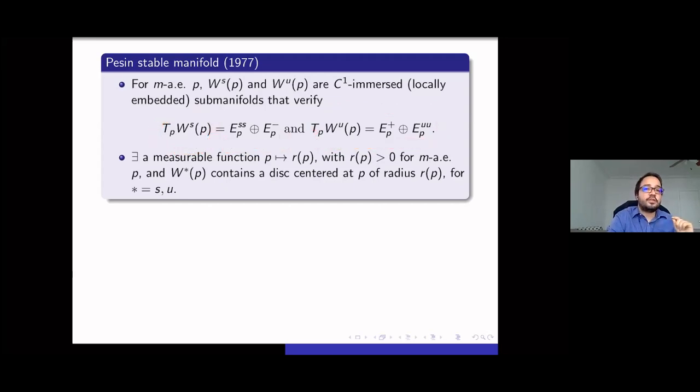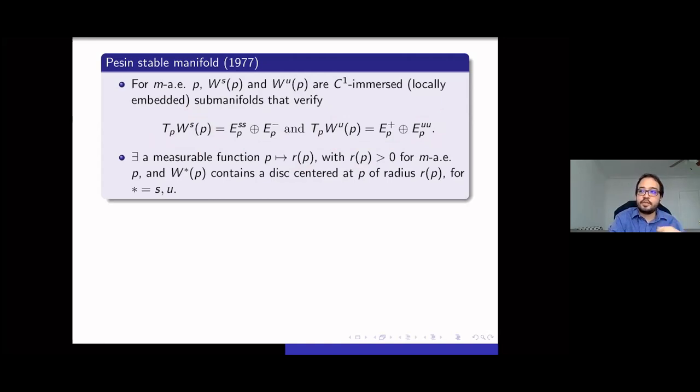The other thing that the theorem tells you concerns the size of these manifolds. For every point you have some size given by this r_P. So the manifold contains a disk of radius r_P, but this size varies measurably.